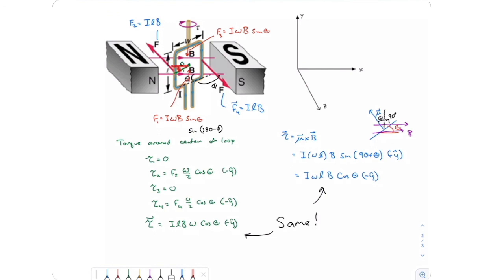And if this angle is theta, it's W over 2 times cosine of theta. If I draw it from above, it might be clearer. So this distance was W over 2, right there. My force was acting like this, and the lever arm was this, where this angle is theta. So the lever arm was W over 2 cosine theta.